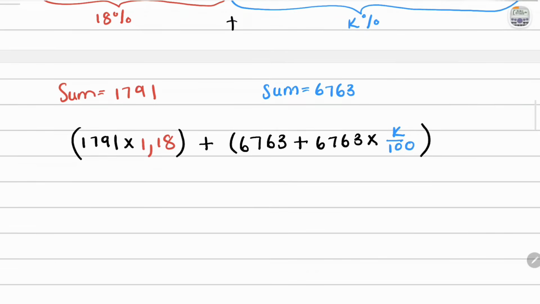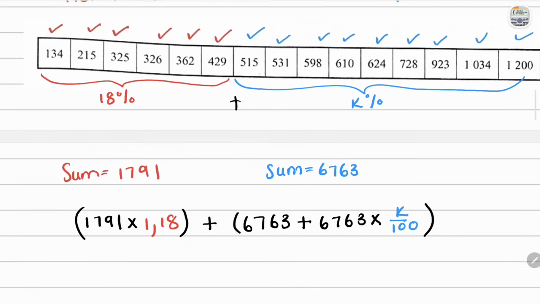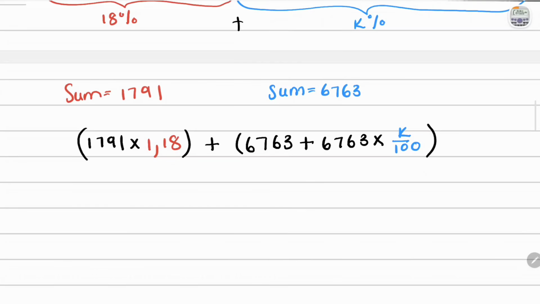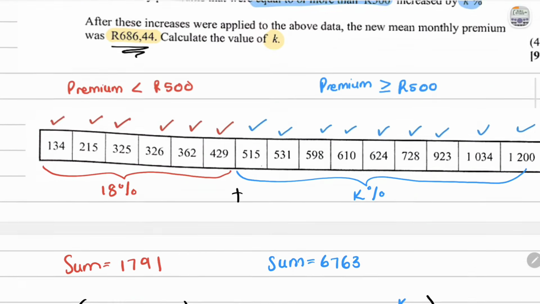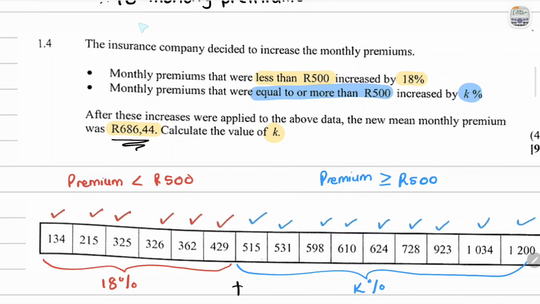Now, right now, these are not averages, okay, because we really just added that amount. It's not an average yet. The amount that they gave us here is the new mean amount. So this is already an average, meaning this amount was found by adding all of these up together, of course taking into account their increases, and then dividing by 15 since we have 15 values.